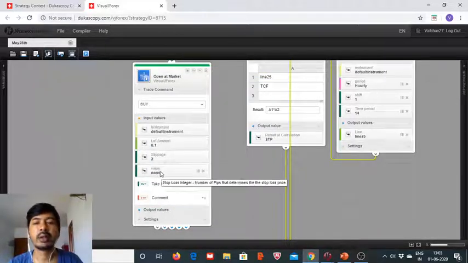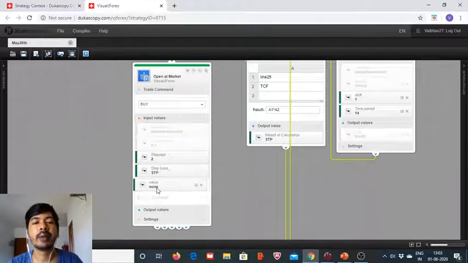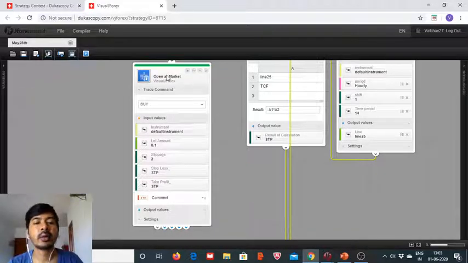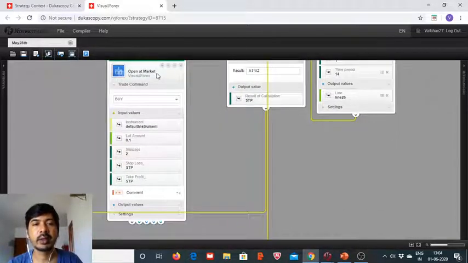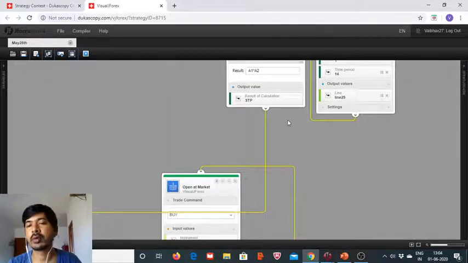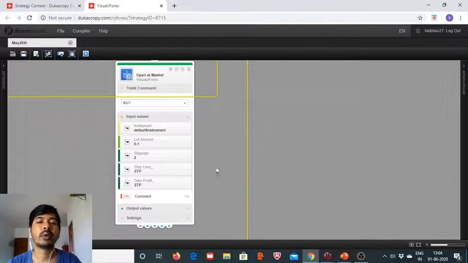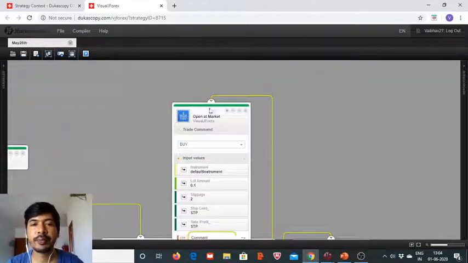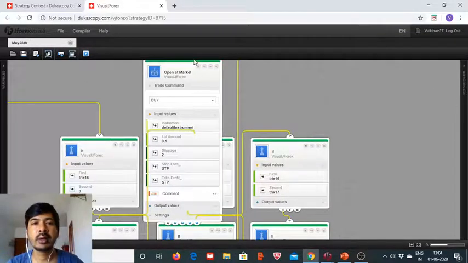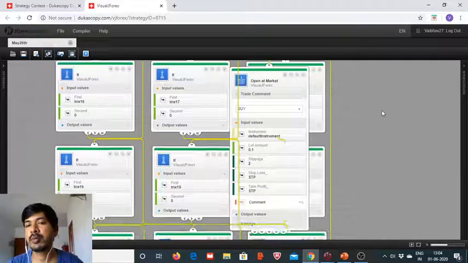So we got this, and our stop loss and target is in the ratio of 1:1, so same value.